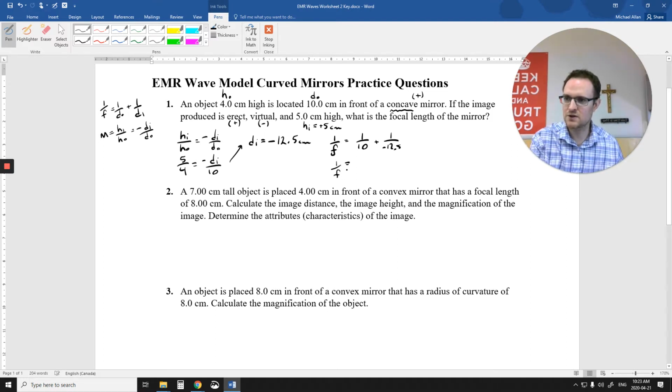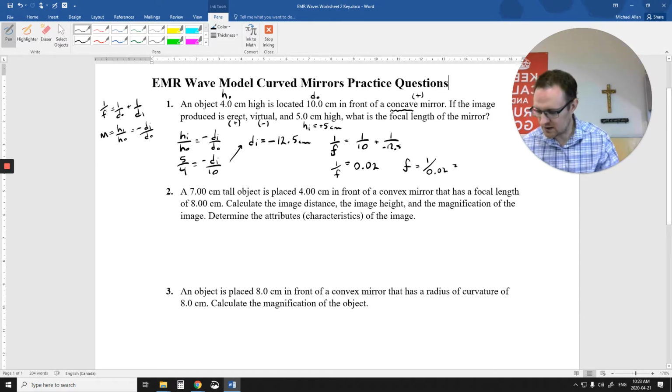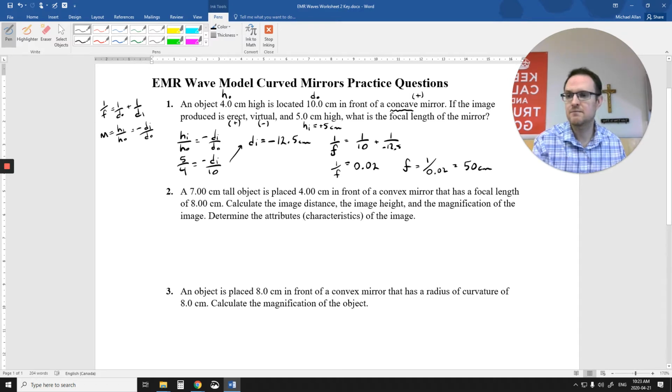Actually, I'm going to show you this part at least. And then f is going to be 1 over that number, so 50. So my focal length is positive 50 centimeters, which is nice. Let's put the positive there. Emphasize that that's a positive number.